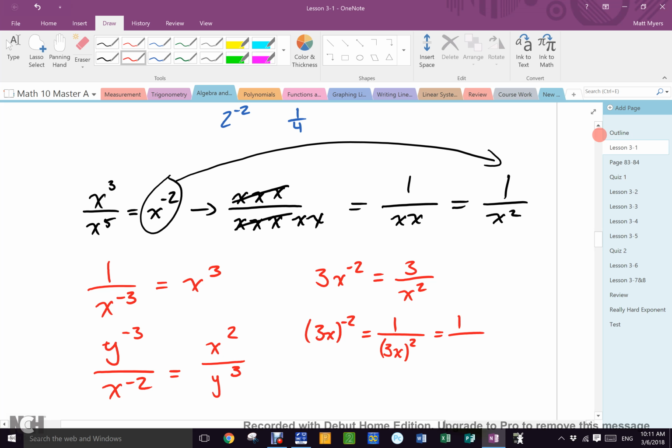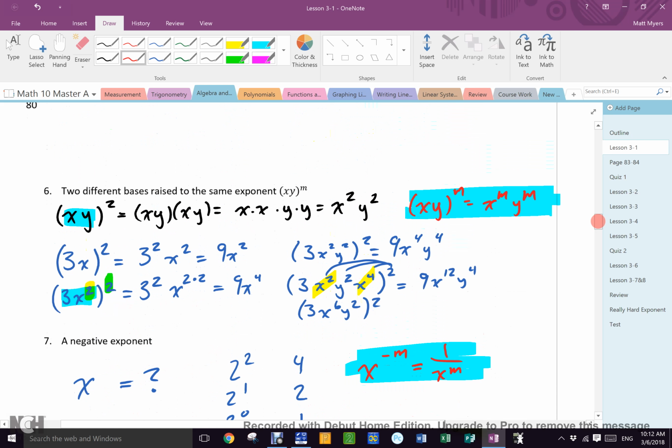It's right on your page, just above where we were working. That exact thing. What is it? No. 9x squared. See how it's right there?